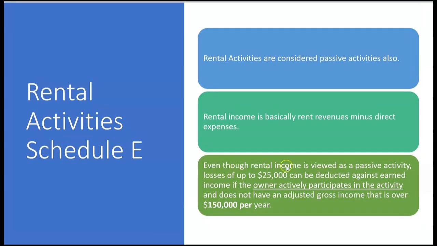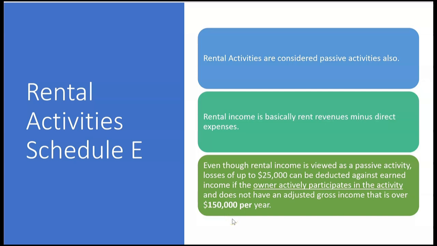So we said even though rental income is viewed as a passive activity, if there's losses, up to $25,000 can be deducted against earned income, if the owner actively participates in the activity, the exam would have to say, and the owner does not have adjusted gross income that is over how much? $150,000 per year.